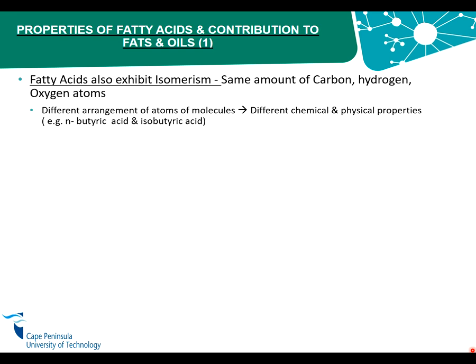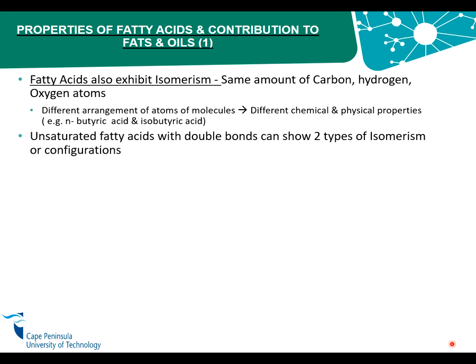The manner in which these atoms are arranged is different, so this results in different chemical and physical properties. An example of this is n-butyric acid and isobutyric acid. They have the same number of carbon, hydrogen and oxygen atoms, however, these are arranged differently within the molecules.